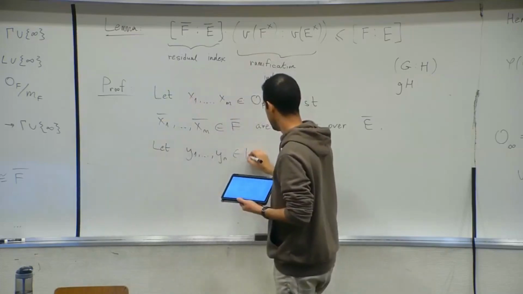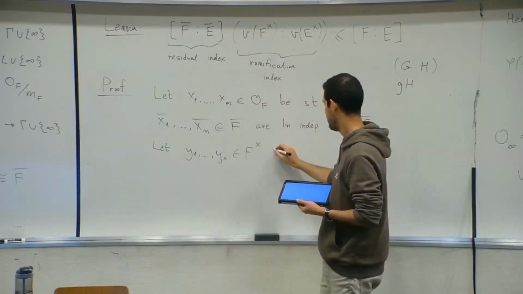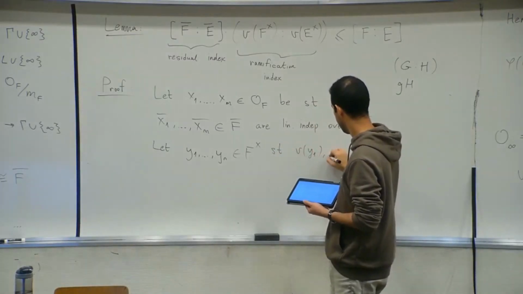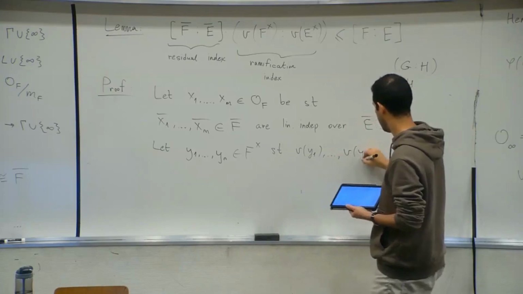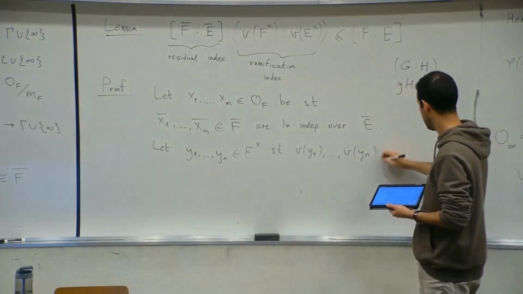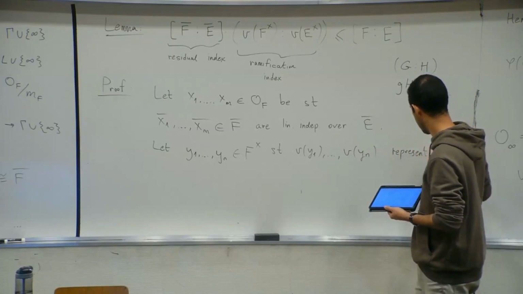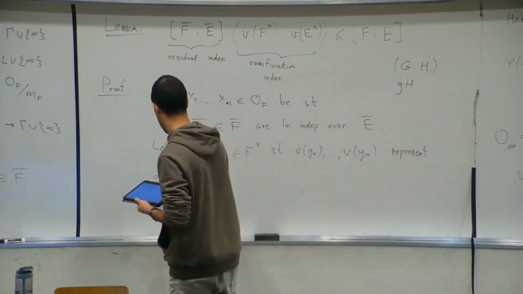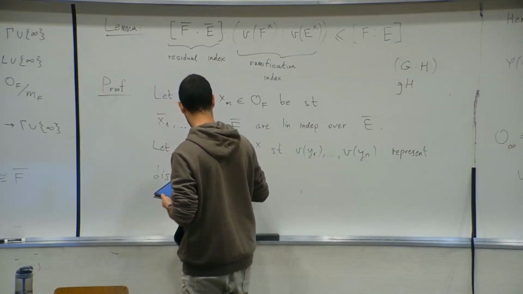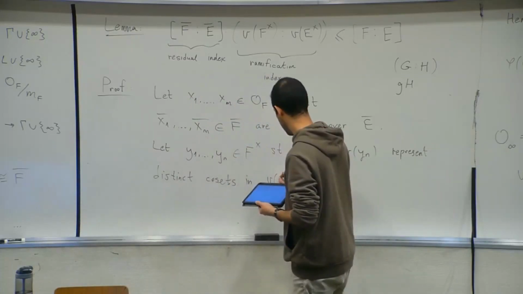So let's take some y1 to yn in F, non-zero, such that their images under v, v(y1) to v(yn), represent distinct cosets in the quotient.